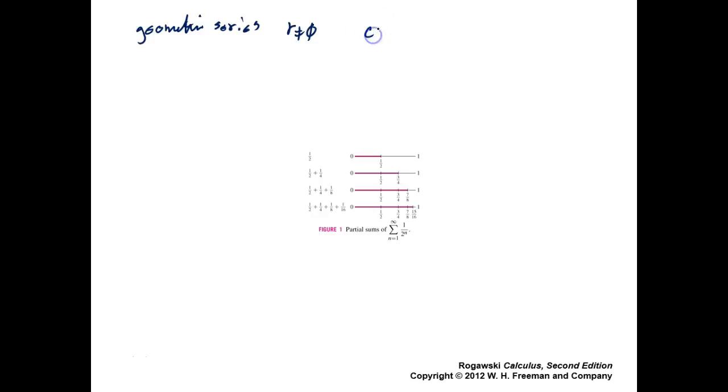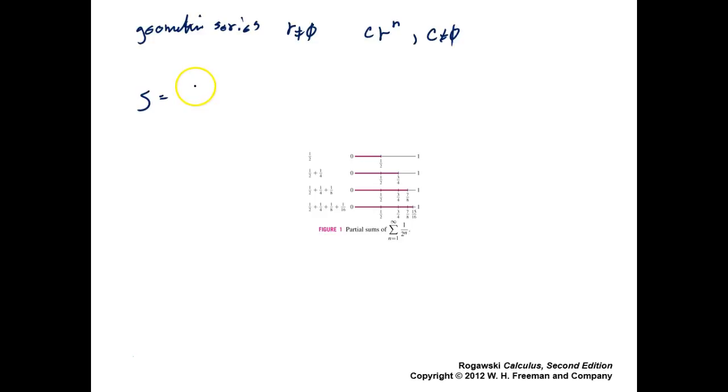A geometric sequence is c r to the n, if you remember that, as long as c is not equal to 0. I do think they allow c to be positive or negative if you need them to. If you begin the series at n equals 0, then here is your sum.